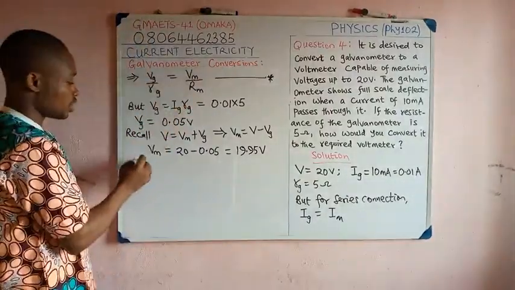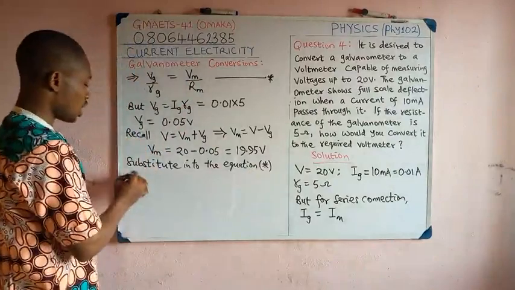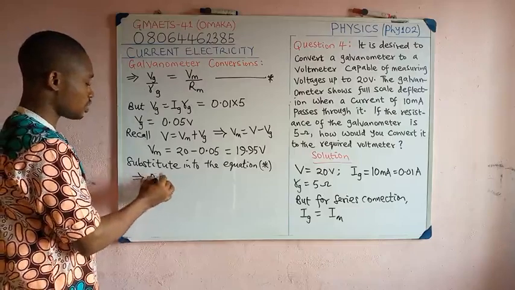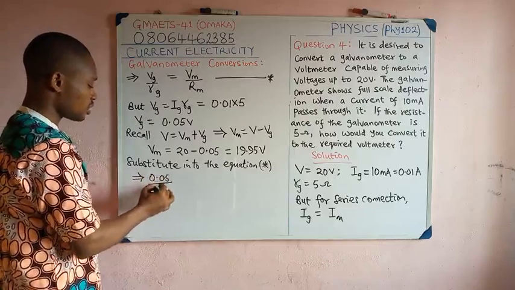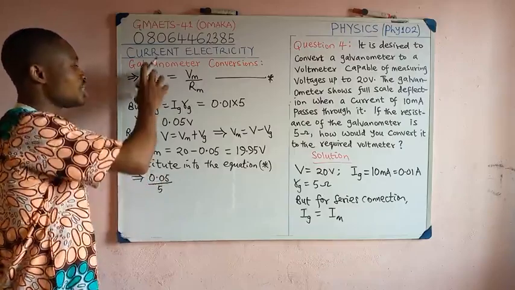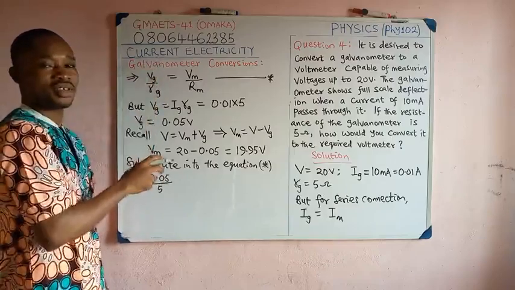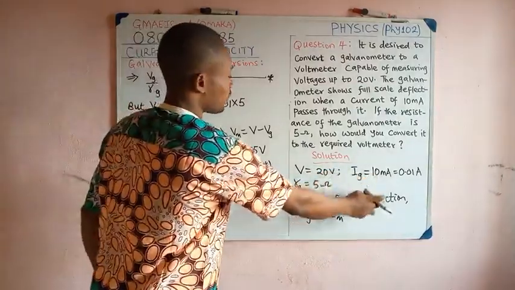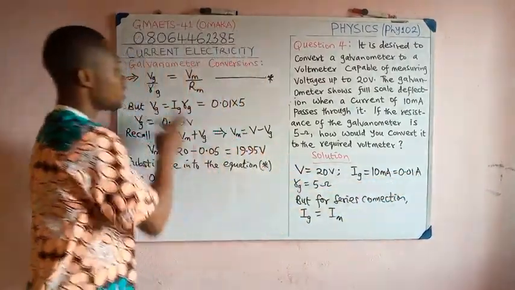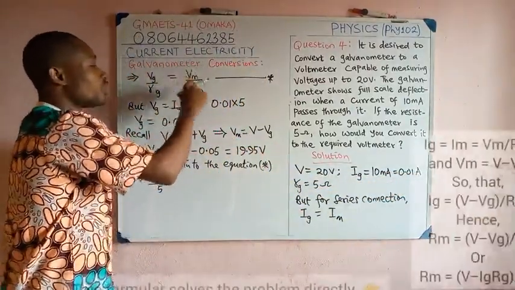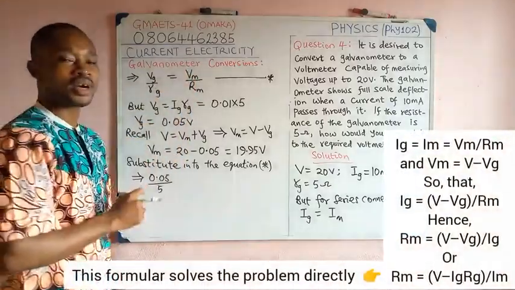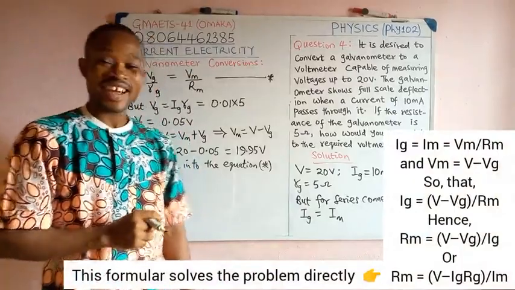We can now substitute into the equation. Equation star. If you do that, voltage of the galvanometer, what's the value we got? That is 0.05. Resistance of the galvanometer is 5. So these things simply give us current. It means I could have said that I galvanometer, which is 0.01, is simply equal to V multiplier divided by R multiplier. Then I'll calculate my R multiplier. I see the relationship.